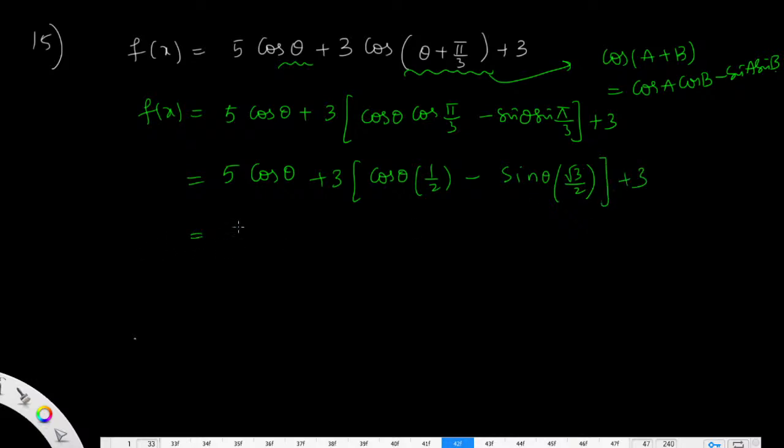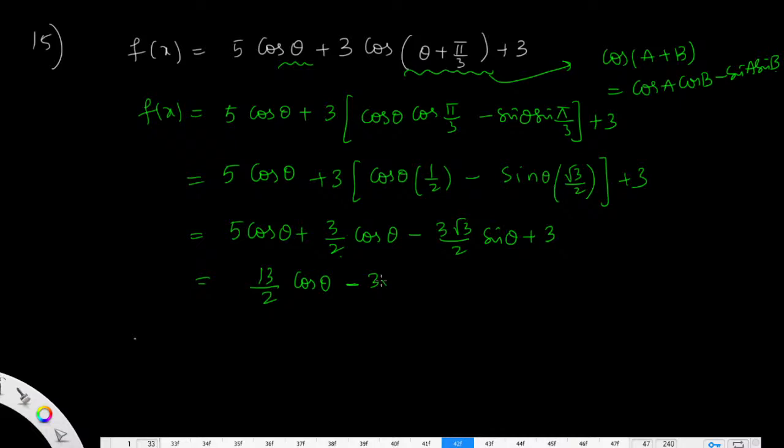So that is 5 cos theta plus 3 by 2 cos theta minus 3 root 3 by 2 sin theta plus 3. Now simplify, cos theta is common: 5 twos are 10 plus 3, that is 13 by 2 cos theta minus 3 root 3 by 2 sin theta plus 3.